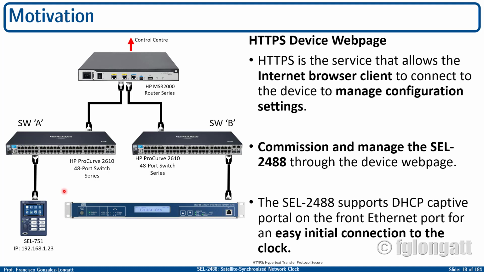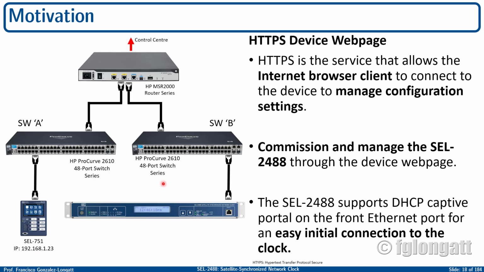If you look at my YouTube channel, there is a specific video for configuring the IP address of the SEL 751, the feeder protection relay from Schweitzer Engineering Laboratories. In that video, we set the IP address of that device from the factory default to 192.168.1.23.